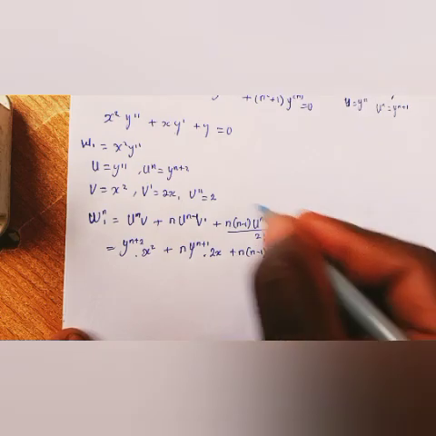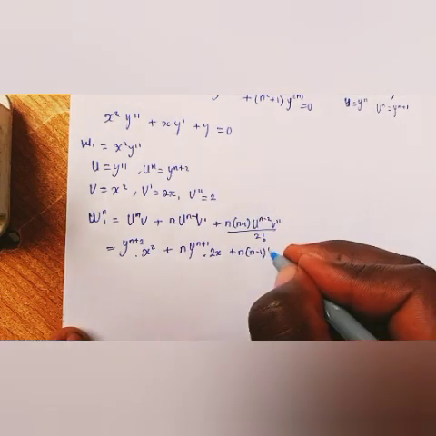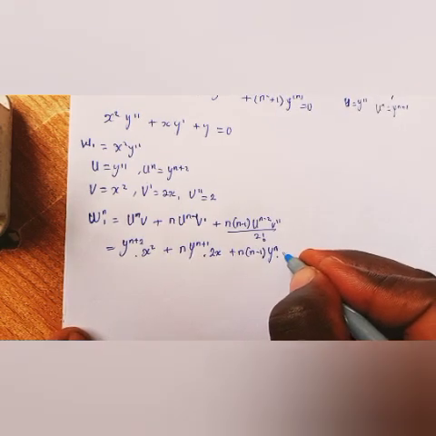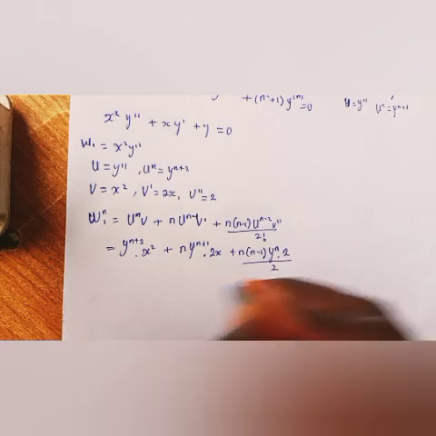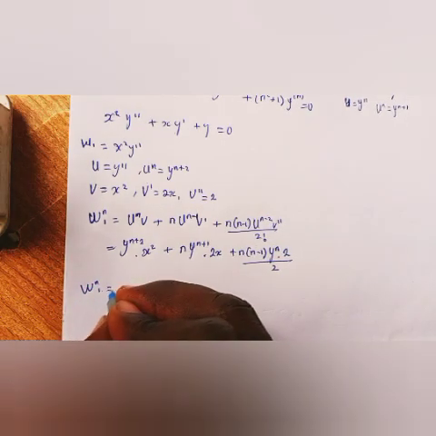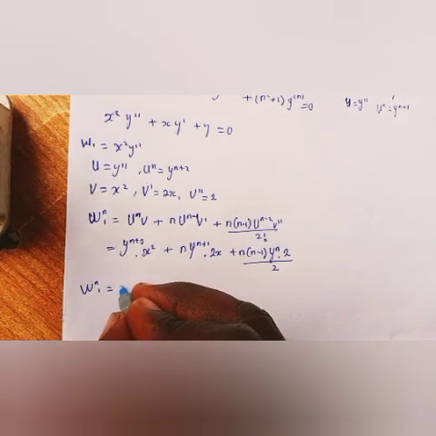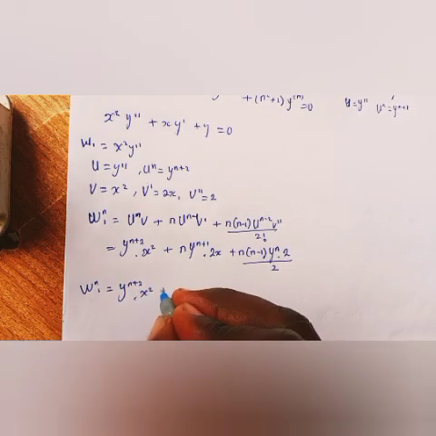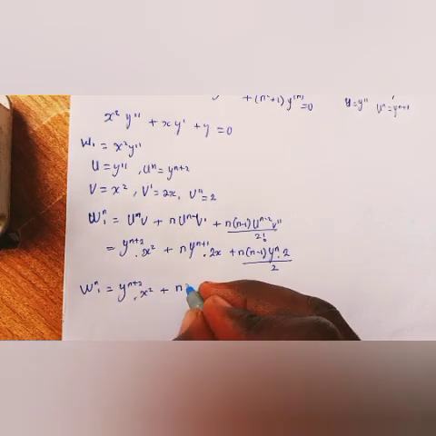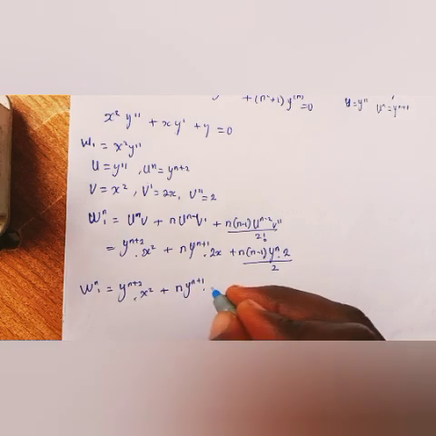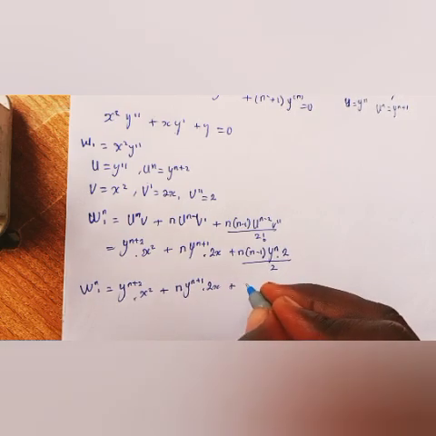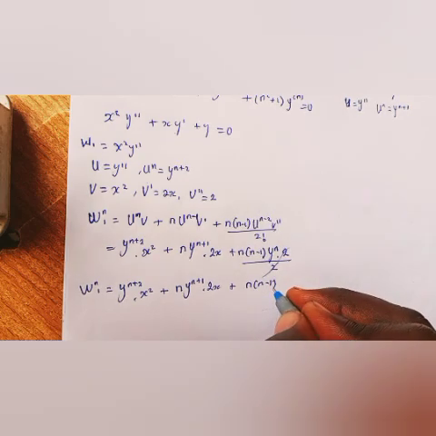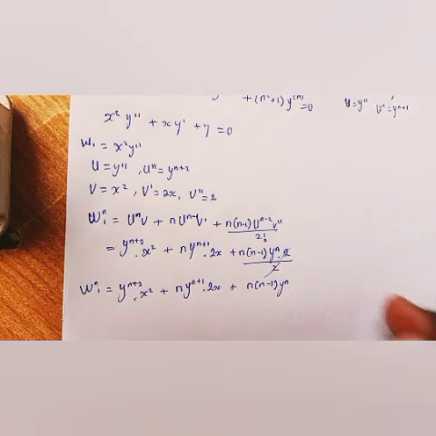Now we should minus 2 from here, so we have yⁿ alone, dot my v2, which is 2 over 2. So w^(n)1 will equal y^(n+2) dot x² plus n y^(n+1) dot 2x plus n(n-1) yⁿ. That's what we have here.